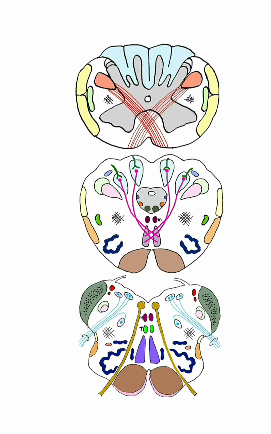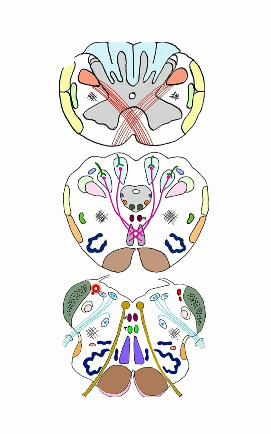Reticular formation is present. Medial and inferior vestibular nuclei, spinal nucleus, nucleus ambiguus, inferior olivary nucleus, dorsal accessory olivary nucleus, medial accessory olivary nucleus, arcuate nucleus.